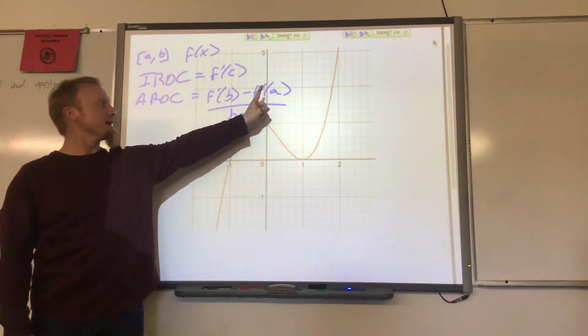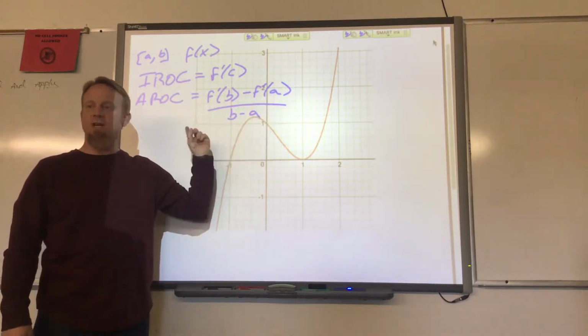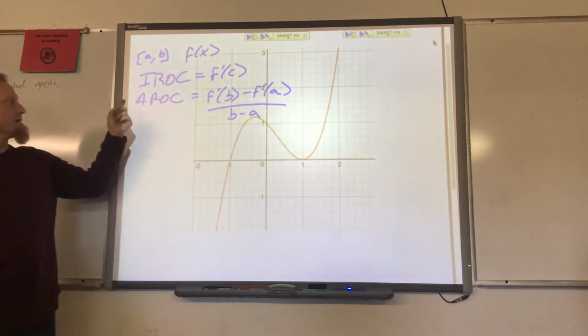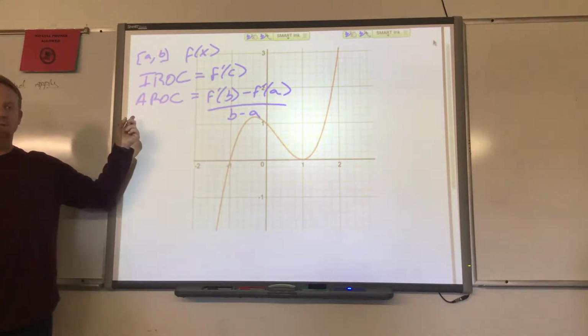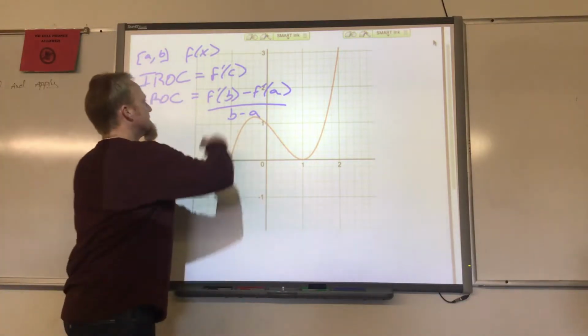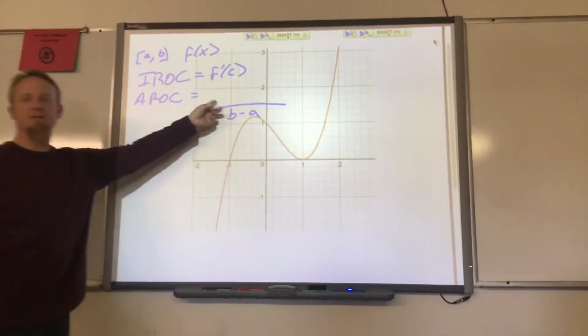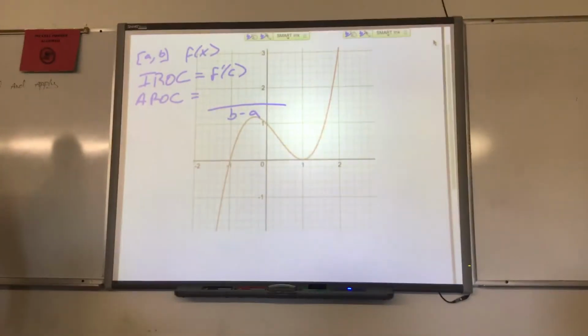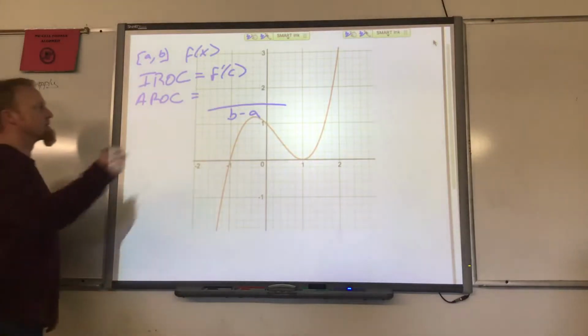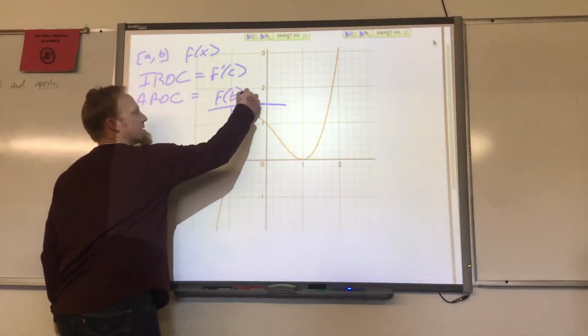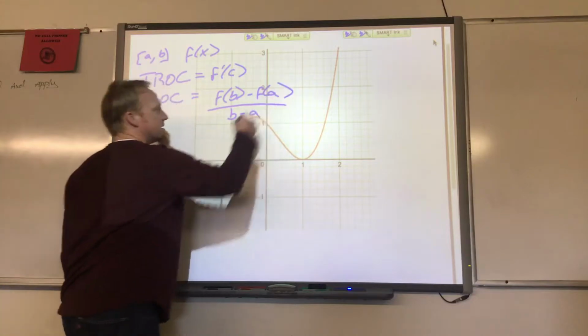Instantaneous rate of change at A, over the change in the interval. Is that what I want for average rate of change? No, that's not what I want. What is it I want? There we go. I want F of B minus F of A.